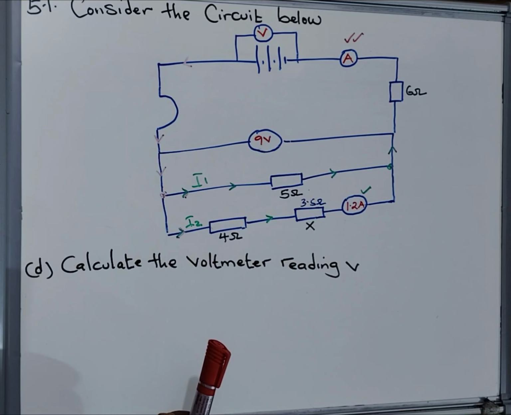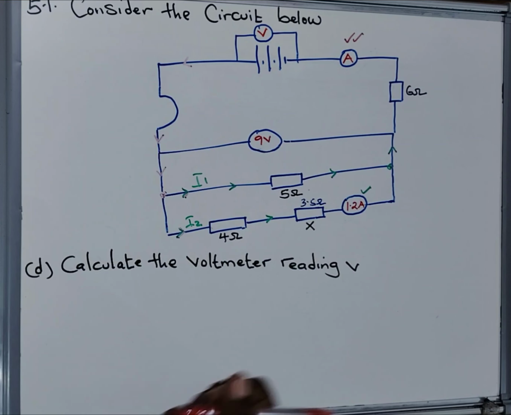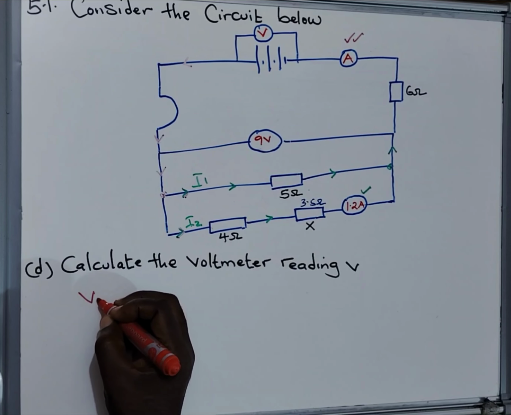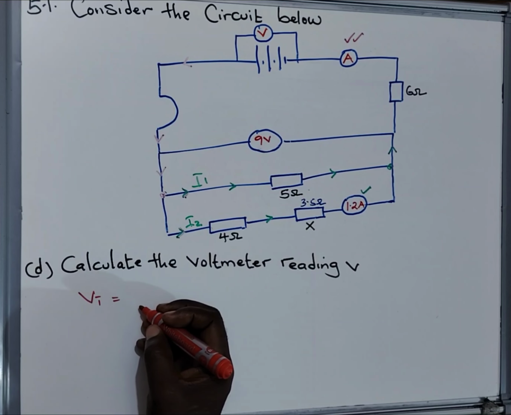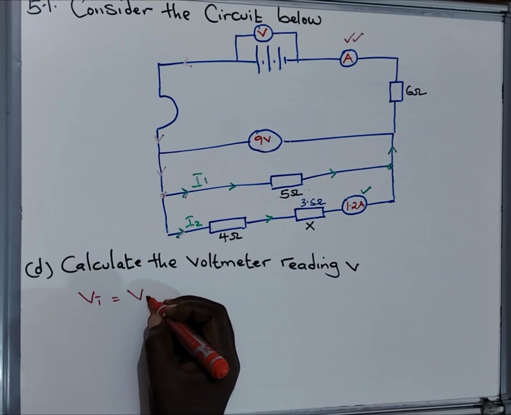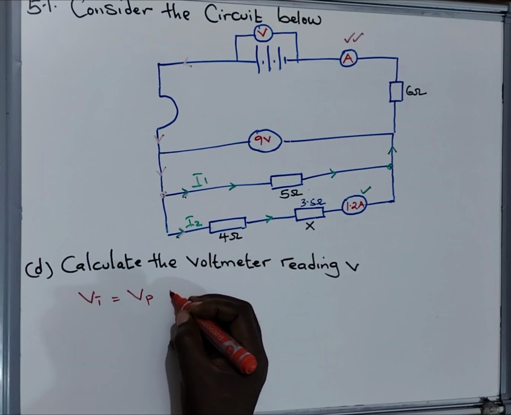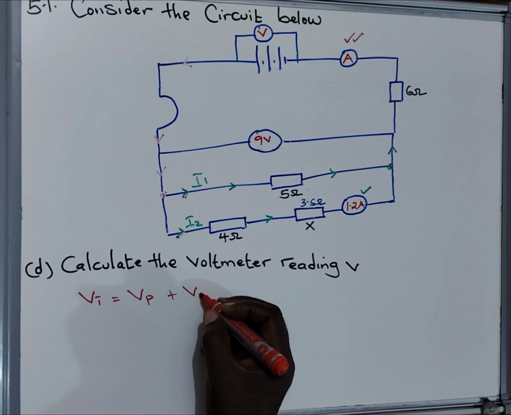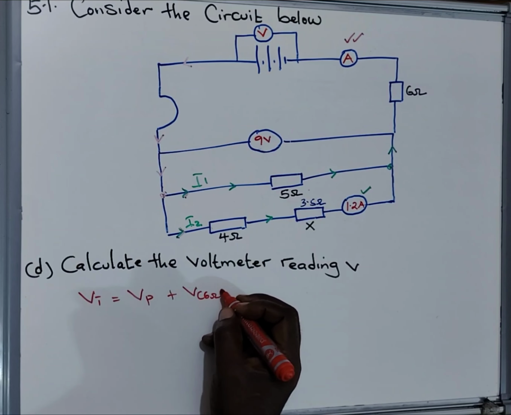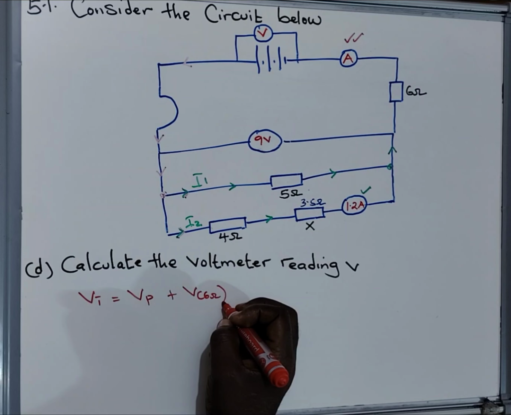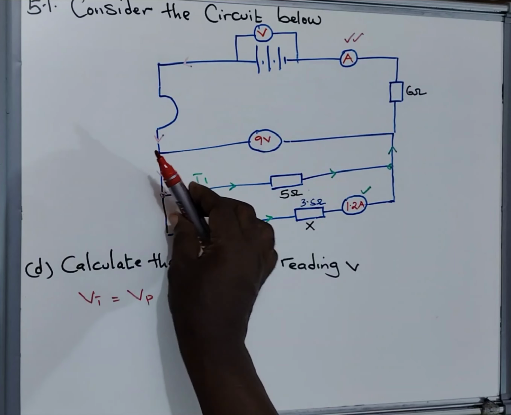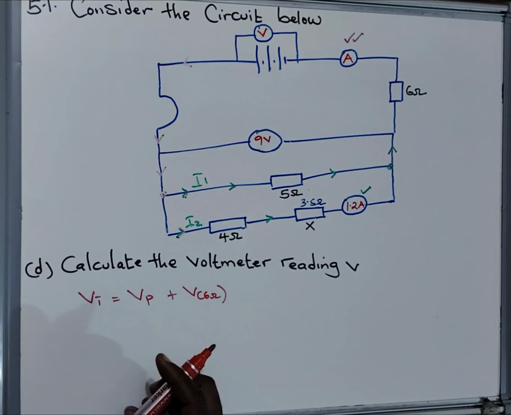Or alternatively, you can say VT is equal to VP, which is our 9, plus V across 6 ohm. Because those are the only sets of resistors we'll have.